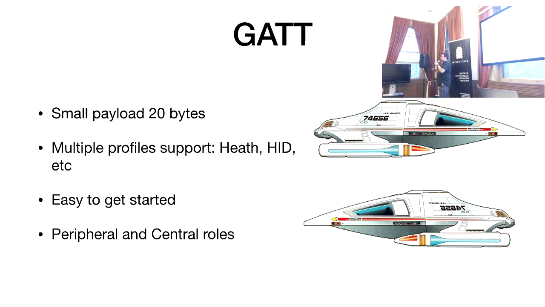It defines multiple profiles, which means that, for example, there are specific profiles for heartbeat monitors or sensors or stuff like that. And it's very easy to get started. There is a whole set of libraries on all different platforms which allow you to pretty easily discover these services and characteristics that I was telling you about.